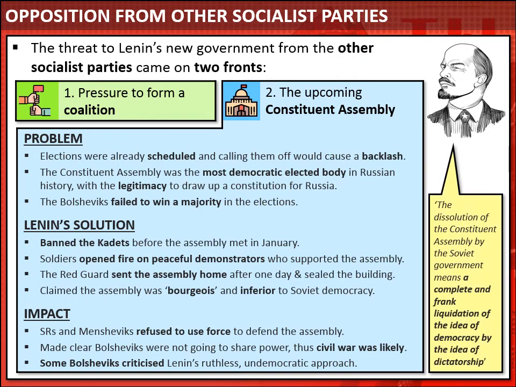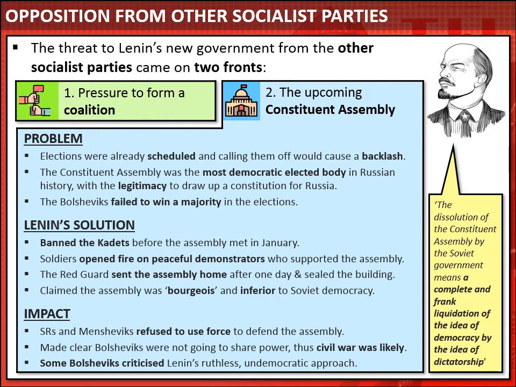And Lenin remarked to Trotsky that closing the assembly amounted to a complete and frank liquidation of the idea of democracy by the idea of dictatorship. The Bolsheviks' opponents now recognised that the Bolsheviks had no intention of sharing power, and that their hopes that the Constituent Assembly would create a democratic government were destroyed, and that made civil war more likely.